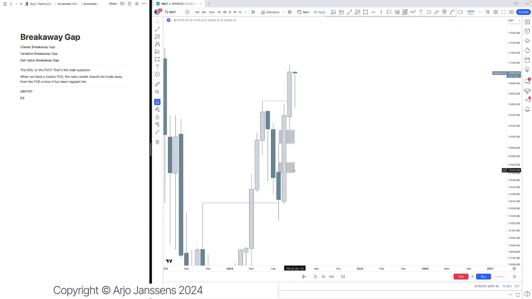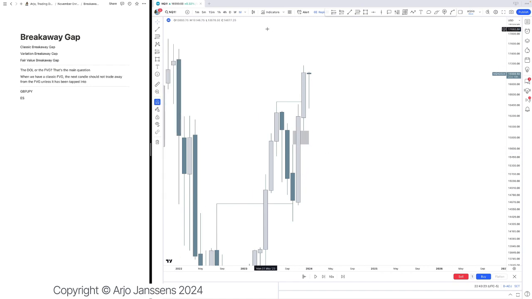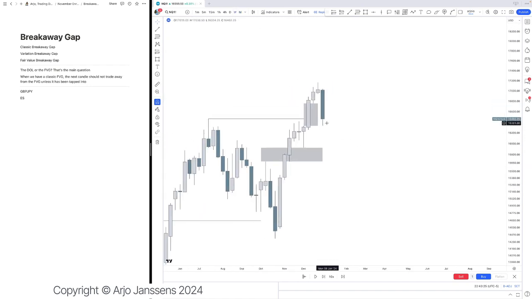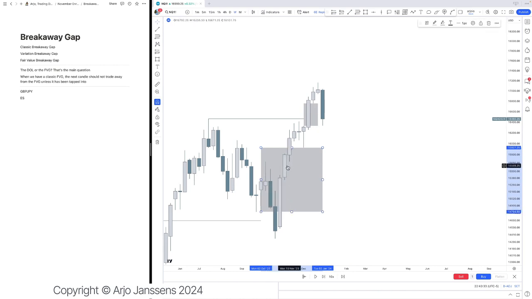So this month fair value gap is also a breakaway gap. So what are we expecting? We are expecting a move higher already off of this weekly fair value gap to then continue higher off of that. So all this price action right here, all the fair value gaps sitting right there are all breakaway gaps, meaning they are not discount arrays that we want to trade off of, meaning we can neglect them.